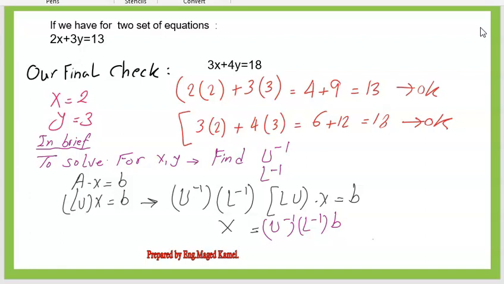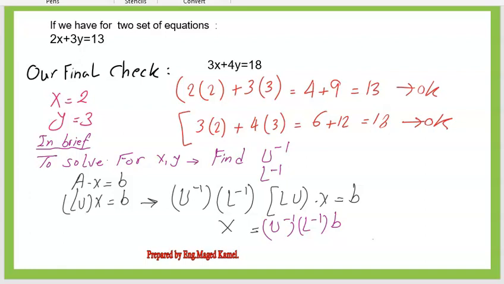Then, from the first equation, we have 2 by 2 plus 3 multiplied by 3 equal to 13, which gives us the right hand side as 13. While 3 by 2 plus 4 by 3 equal to 6 plus 12 equal to 18, which is equal to the right hand side of the second equation. Both substitutions are okay.